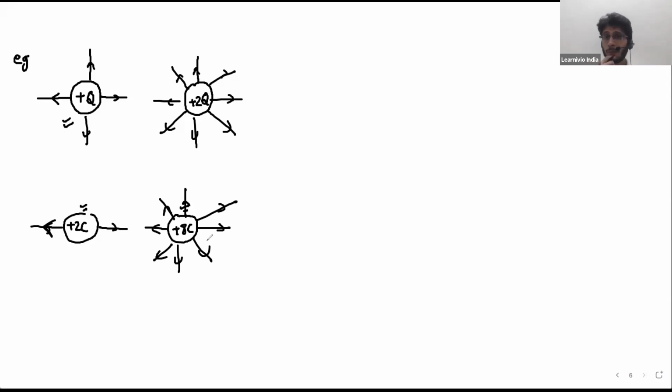I'm again saying the number of field lines is relative. Instead of 2, I can draw 3 field lines here: 1, 2, 3. Then for the 8 coulomb charge, Amalia, what would be the number of field lines?